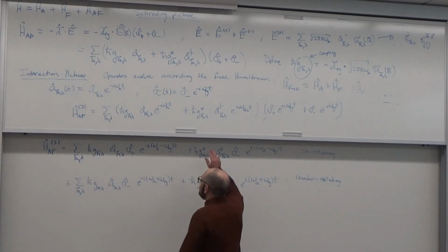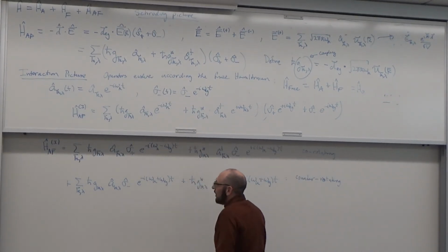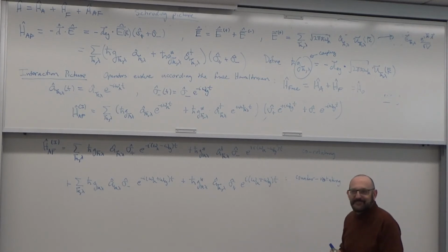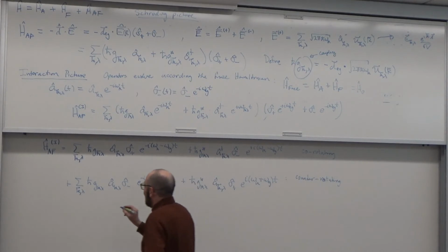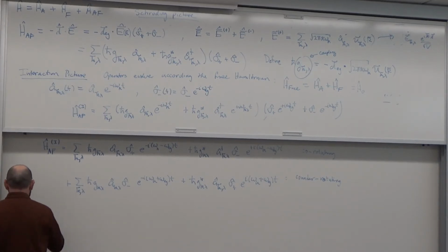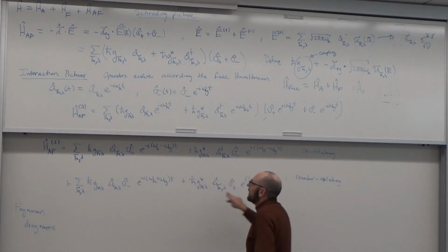So from the point of view of Feynman diagrams, we have the Feynman picture. The elementary processes correspond to terms in the interaction Hamiltonian.